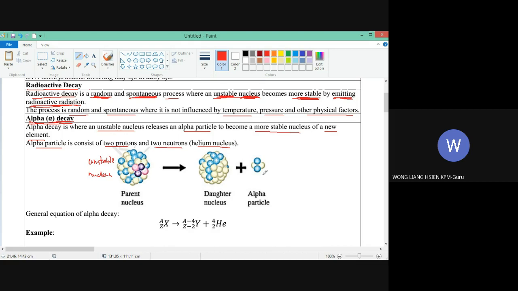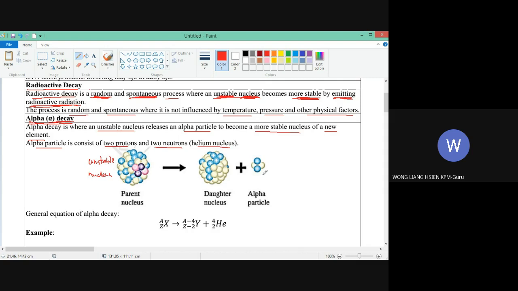I must stress that the alpha decay does not purposely release a helium nucleus. This decay process emits a particle that consists of 2 protons and 2 neutrons. It has nothing to do with whether it is a helium nucleus or the nucleus of any other element.